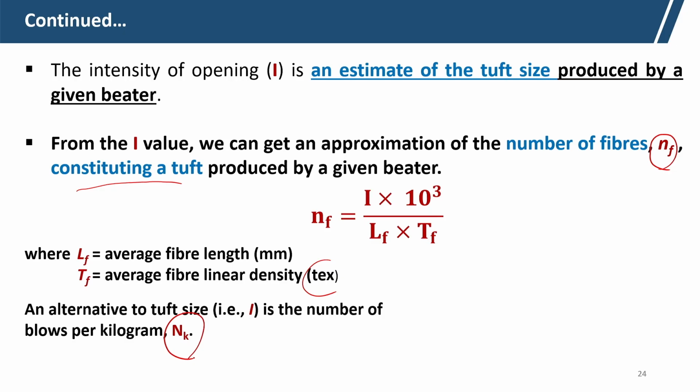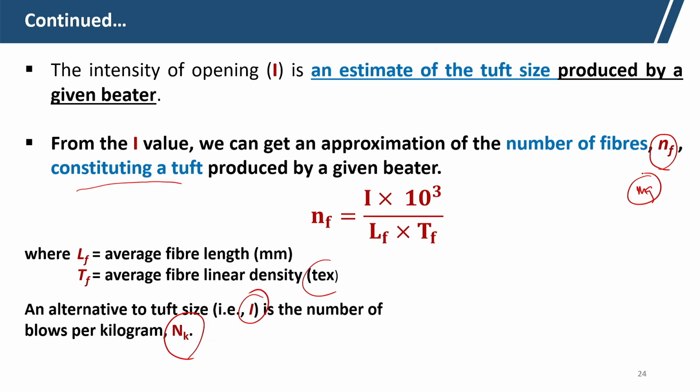So, one is the intensity of opening, the tuft size. We can also calculate the number of blows per kilogram. Earlier I was the amount in milligram per strike.